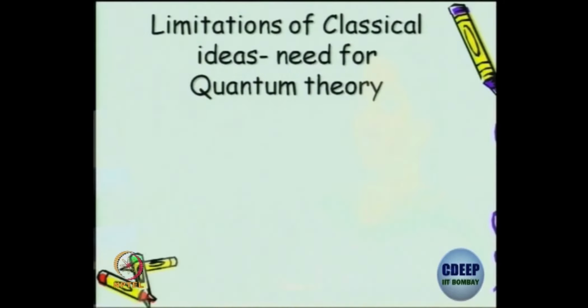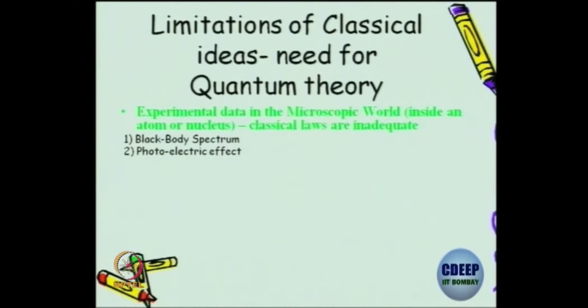You have seen the microscopic world; many of the experiments you cannot explain using your familiar Newton's law or any classical law. The first thing you would have seen is the black body spectrum, where Planck's law helped you fix exactly all the points in the spectrum. Is that right? Everybody is with me? And then the photoelectric effect cannot be explained just using classical laws.